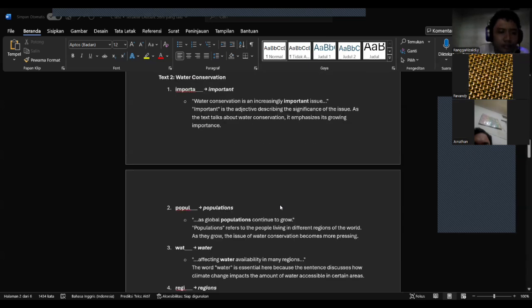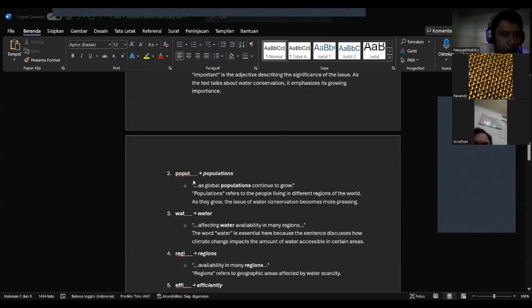Number two is popul, which means population. As the global population continues to grow. Population refers to the people living in different regions of the world. As they grow, the issue of water conservation becomes more pressing.